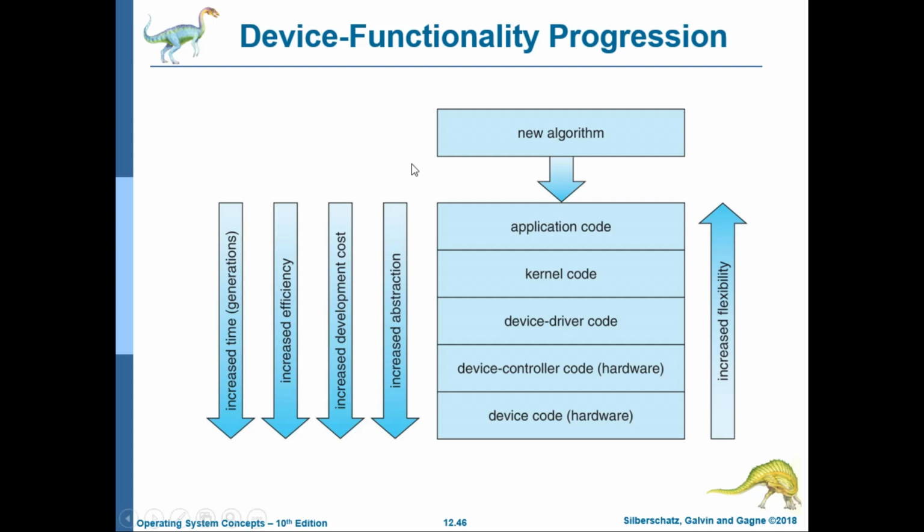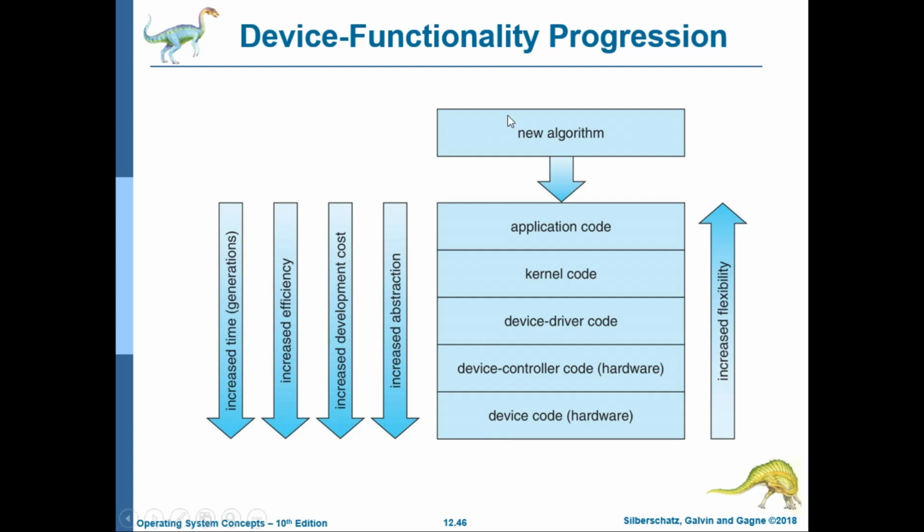So we have these arrows here, meaning that for the device functionality progression, up to the device code, which is the hardware, it increases time in generations, and modifying it for performance increases efficiency, but it also increases development cost, because it is harder to implement.